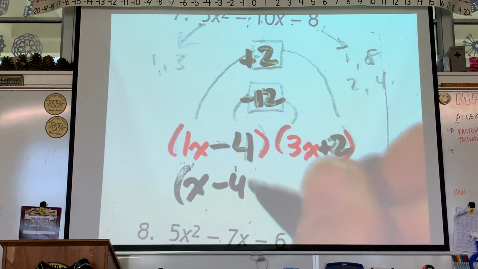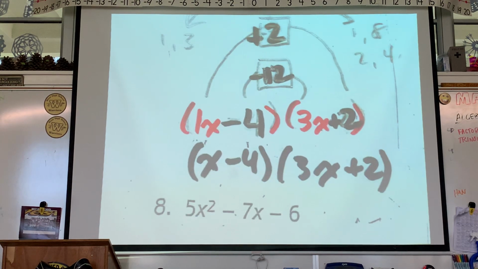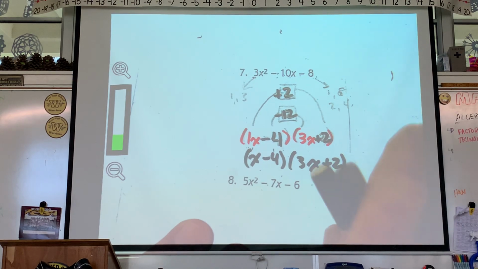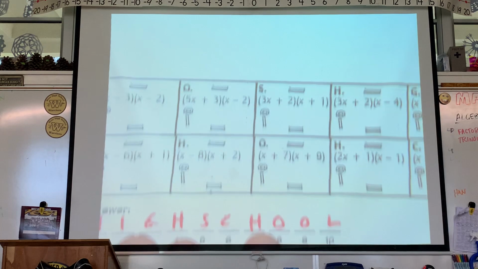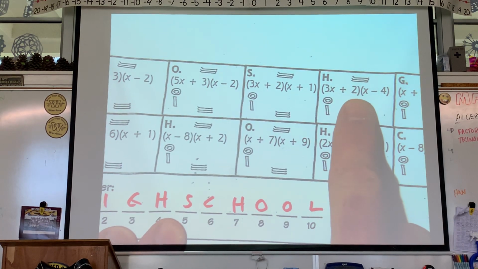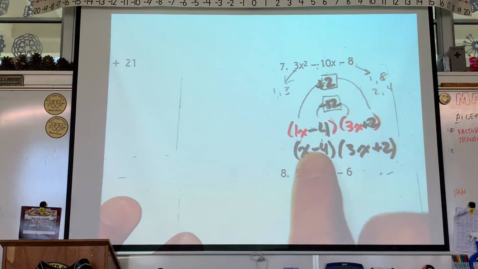X minus 4 times 3x plus 2. And let's see if it made sense on my puzzle in the back. Number 7. Here it is. It says H. There are 2 H's, 3x plus 2, x minus 4. 3x plus 2 times x minus 4.